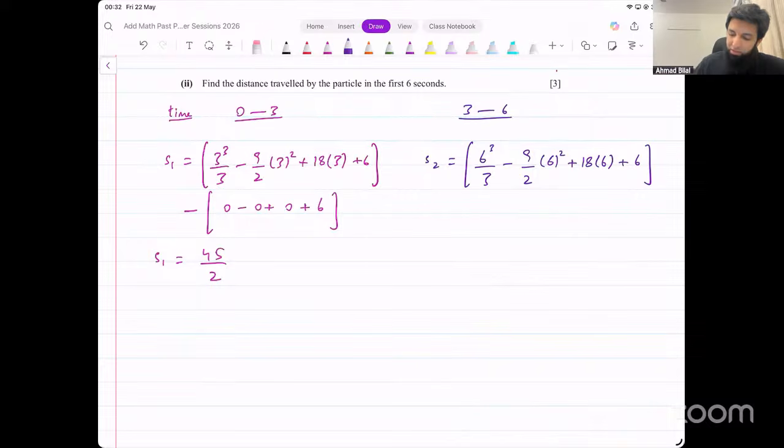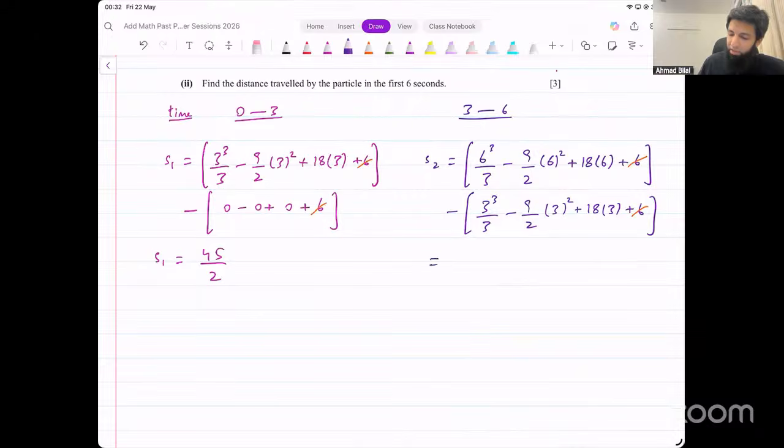Again, you could just ignore 6 as well if you wanted. Subtract from that 3 cube over 3 minus 9 over 2 into 3 squared plus 18 into 3 plus 6. So 6 and 6 were getting cancelled here as well.